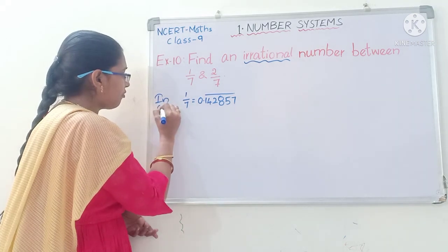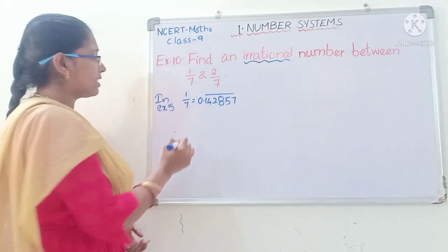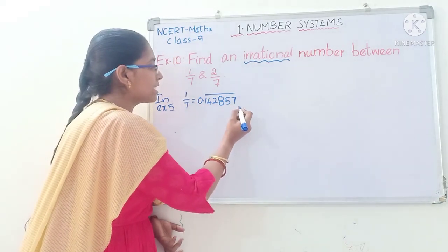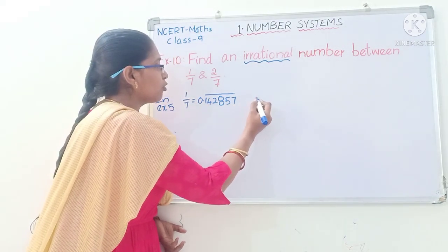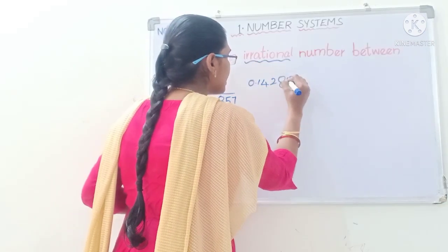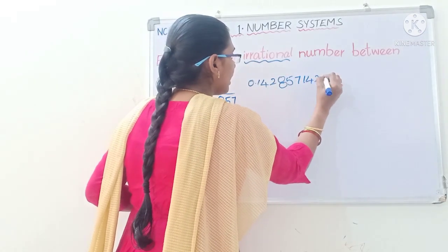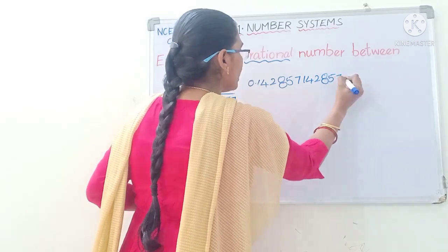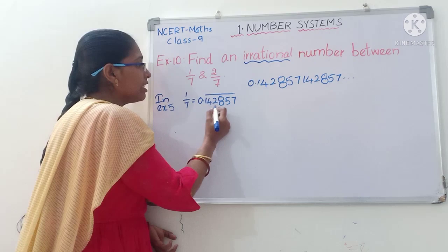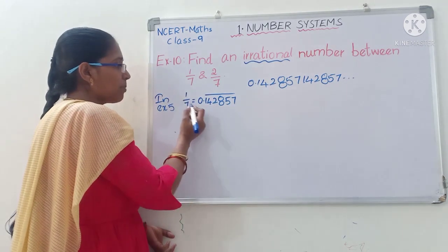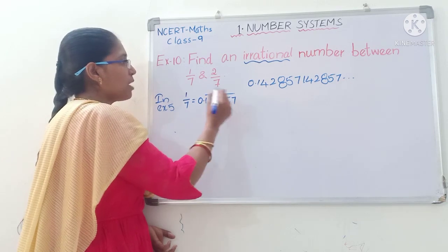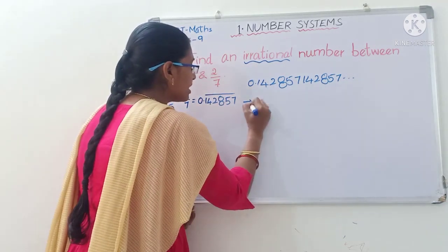We got 1 by 7 as 0.142857, 142857 and so on. That is 142857 is repeating. So we write bar on this 142857. So 1 by 7 we got as 0.142857 bar.